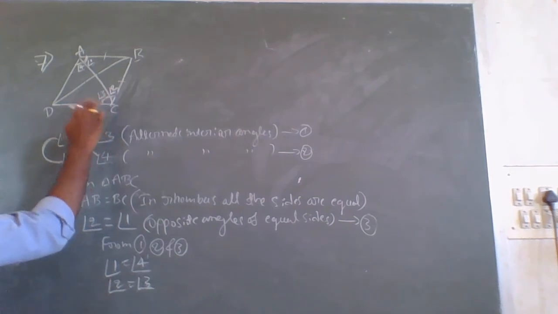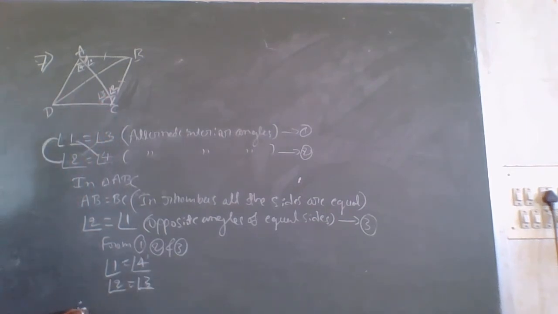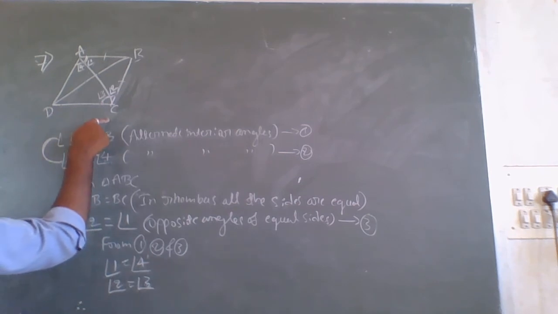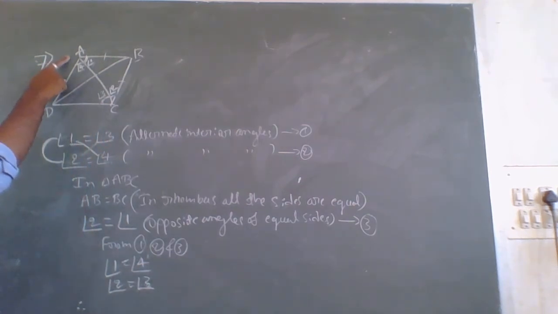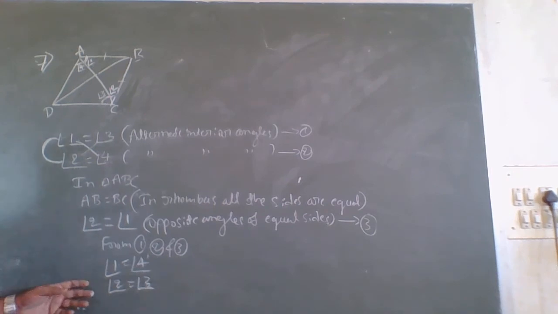Therefore angle 2 is equal to angle 3. Hence we prove that AC bisects angle A as well as angle C. Here you should write this.